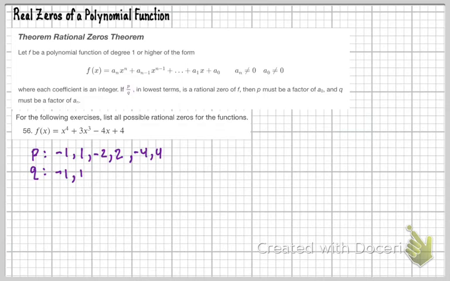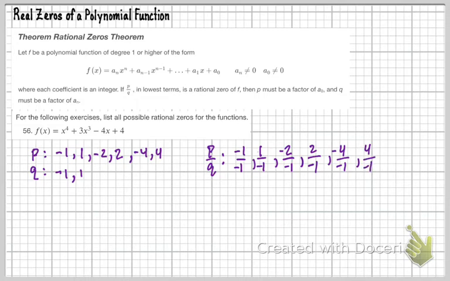So I'm going to list all the p over q's. The first one is negative 1 over negative 1, and then 1 over negative 1, then negative 2 over negative 1, and 2 over negative 1, then negative 4 over negative 1, and 4 over negative 1.